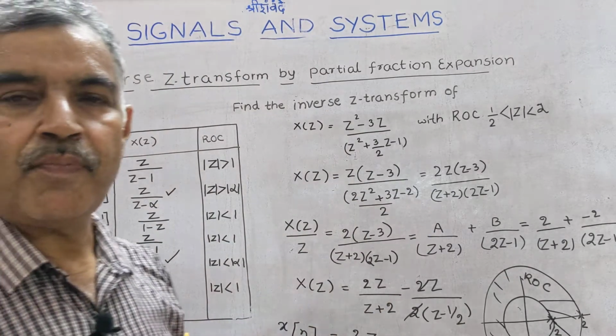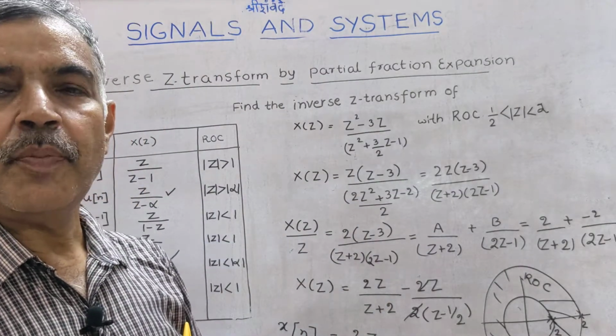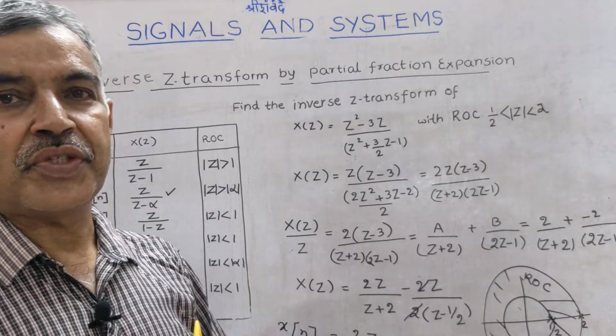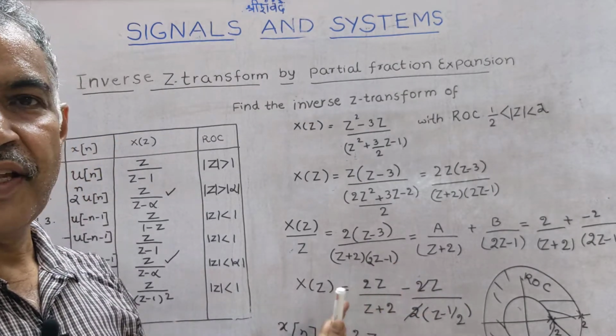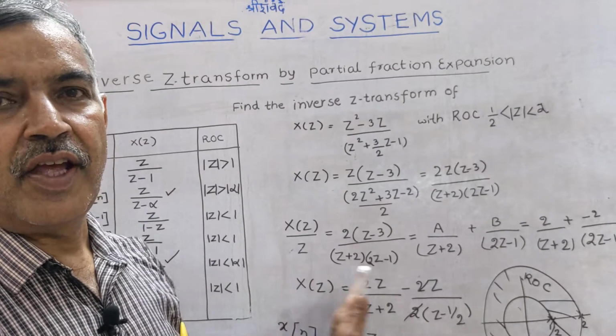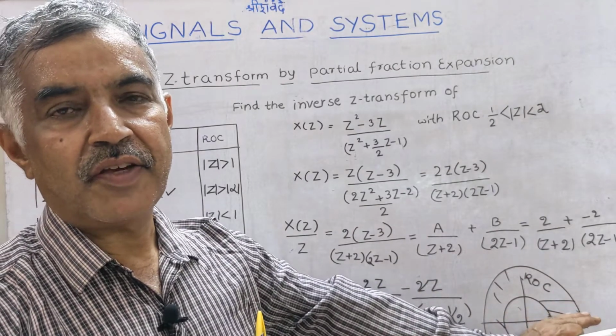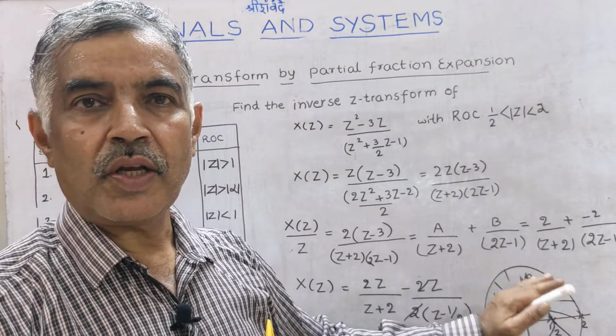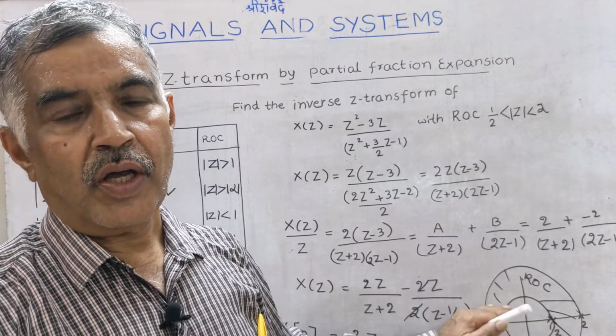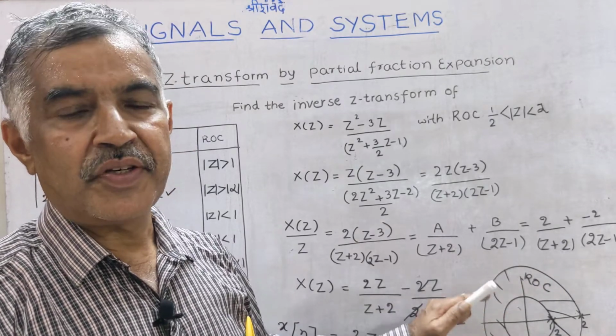So in this problem, comparing the pole radius with the ROC, one term is a left-sided sequence and the other term is a right-sided sequence. This is how you have to work out problems on the partial fraction expansion method.